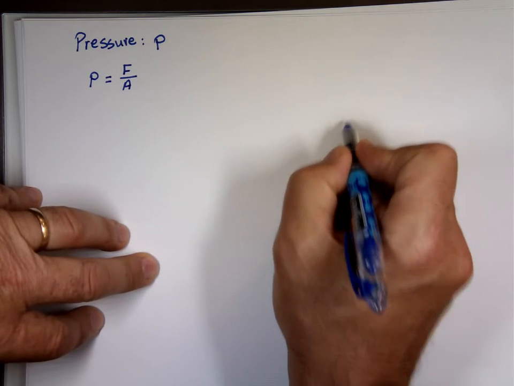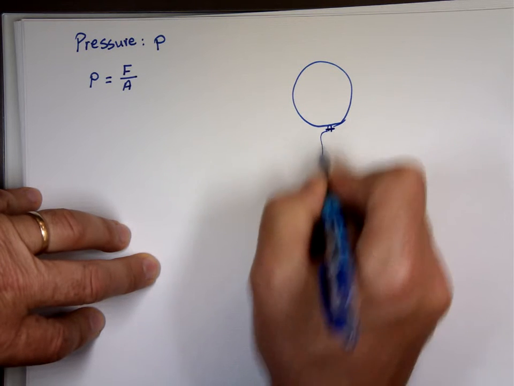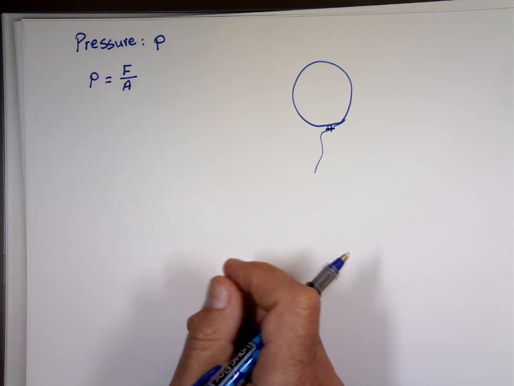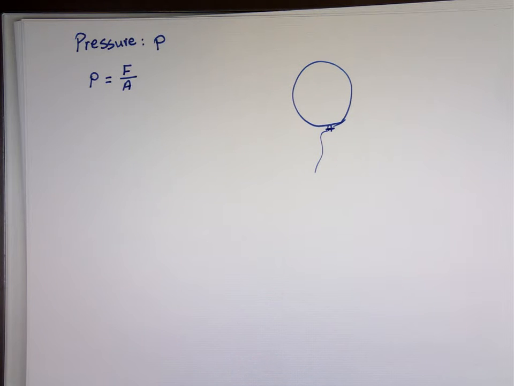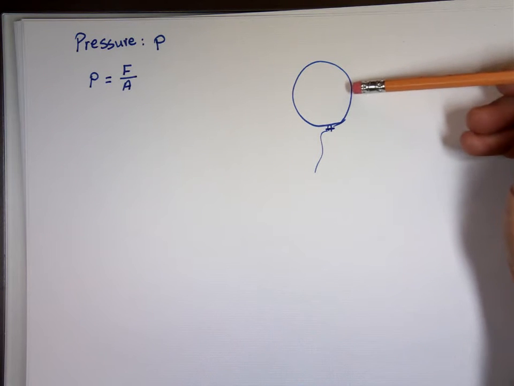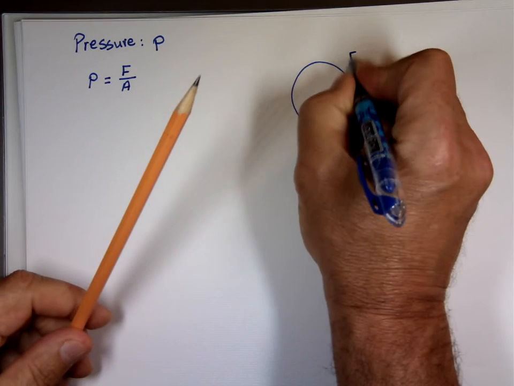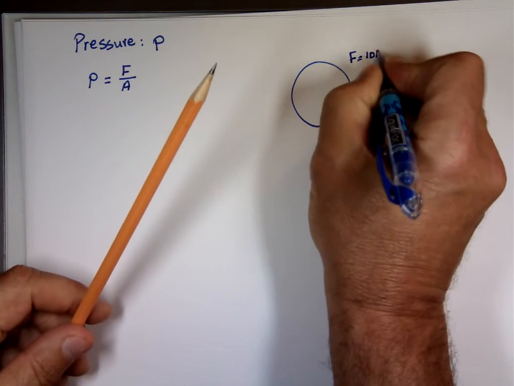If I take a balloon, tied with a string, and a pencil like this, I'll try to pop the balloon by pushing with the eraser side of the pencil. Let's say I put a force of 10 Newtons.